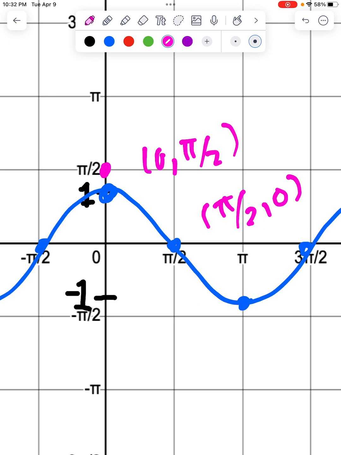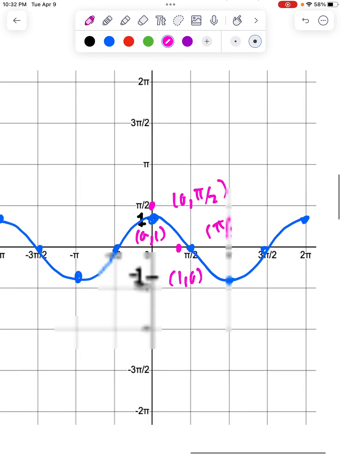And I do the same thing for this point here, which is 0 comma 1. I'm going to plot 1 comma 0, which is about here. And then I just keep on going with all those points in the same way.